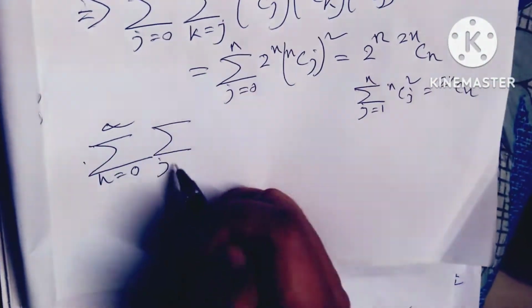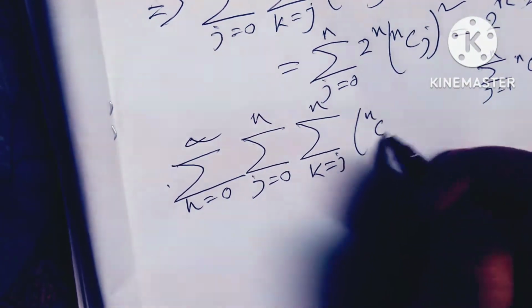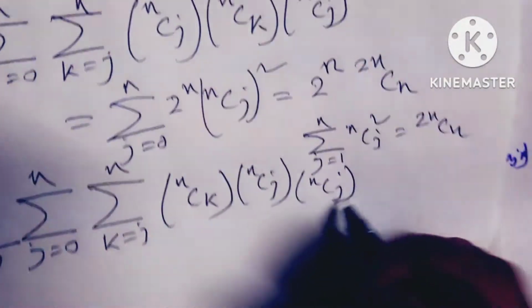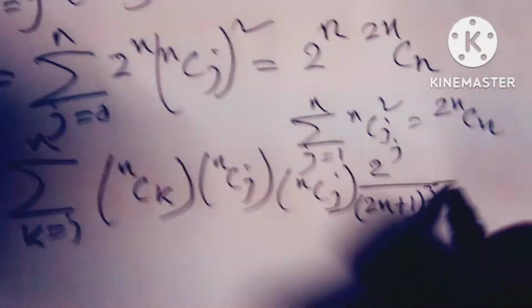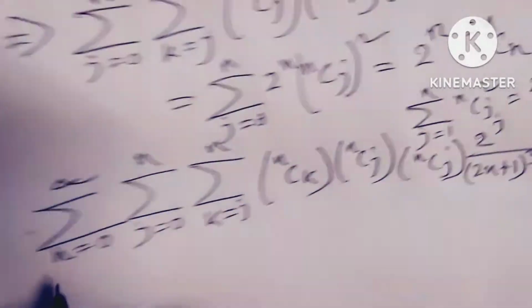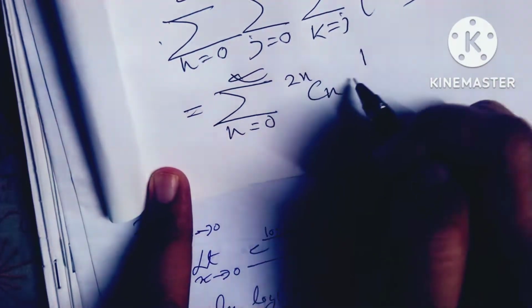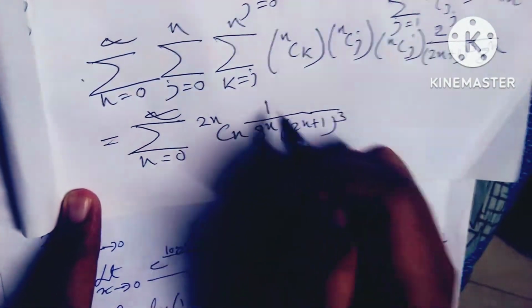Then summation n equals 0 to infinity, summation j equals 0 to n, summation k equals j to n of C(n,k) C(k,j) C(n,j) 2 to the power j divided by (2n plus 1) whole cube times 8 to the power n equals summation n equals 0 to infinity of C(2n,n) times 1 by 4 to the power n (2n plus 1) whole cube into 2 to the power n.